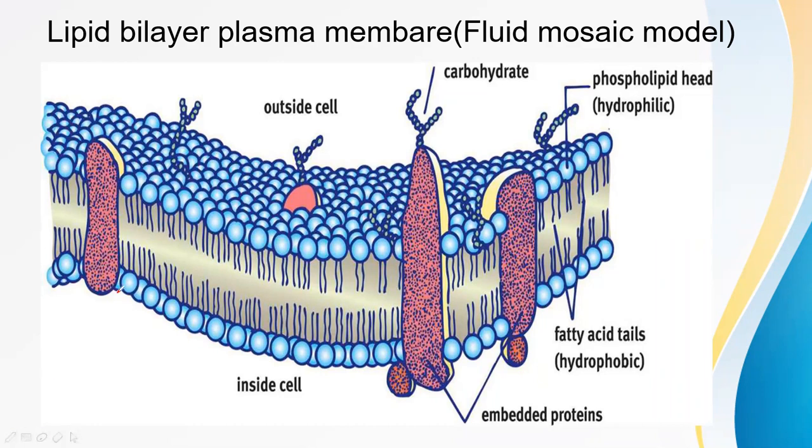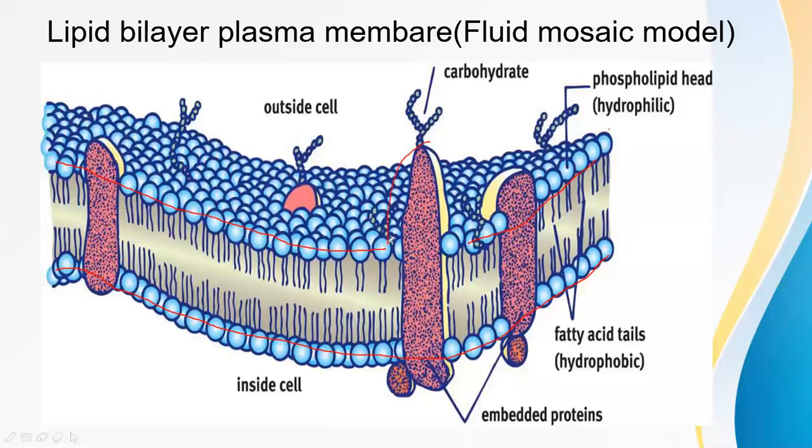the plasma membrane was composed of a lipid bilayer, meaning there are two layers of lipids. This is one layer and this is another layer. This is the lipid bilayer, meaning two layers, containing mobile proteins.